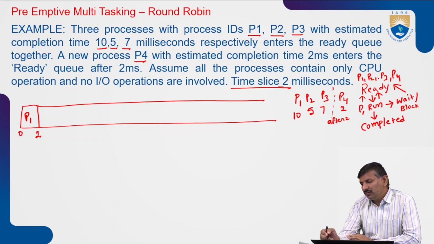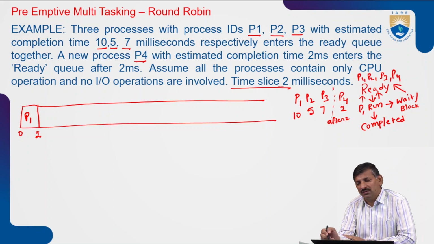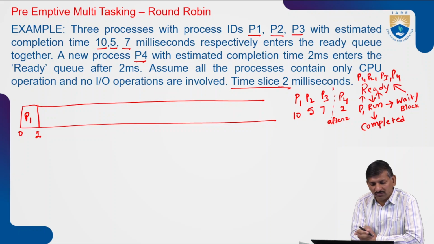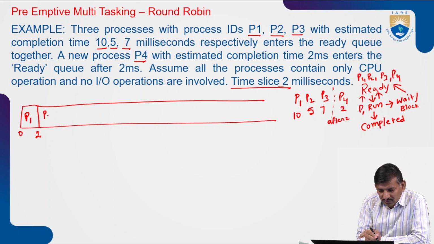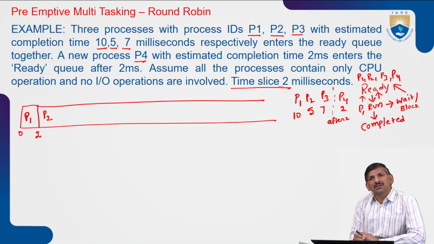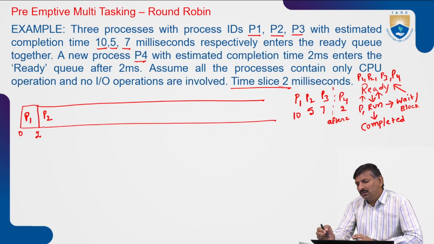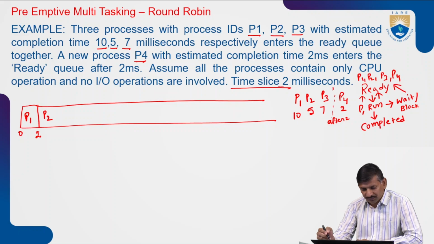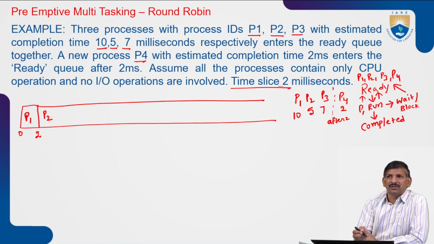Again, which process entered the ready state next? P2. So at the second millisecond, P1 stops its current execution and is compared with P4. Among them, P1 came first, so P1 is continued, with its time slot of 2 milliseconds.